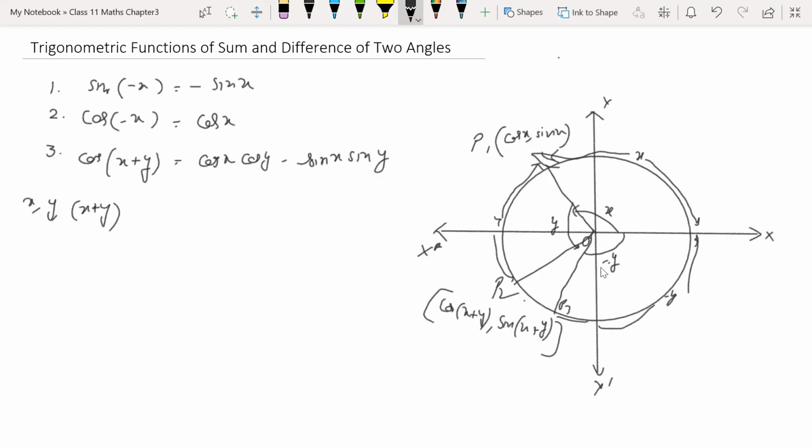So P3's coordinates would be cos(-y), sin(-y). And this is the point P4. It is at the origin of the circle, and its point would be (1, 0). So there are the four points P1, P2, P3, P4: the x angle, the x plus y angle, the minus y angle, and (1, 0).